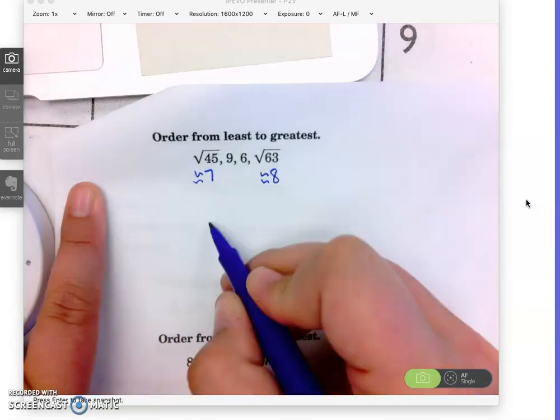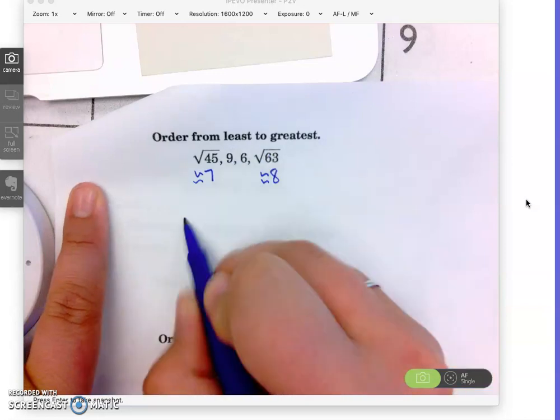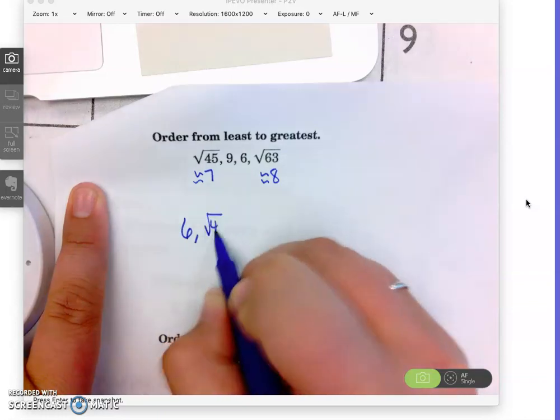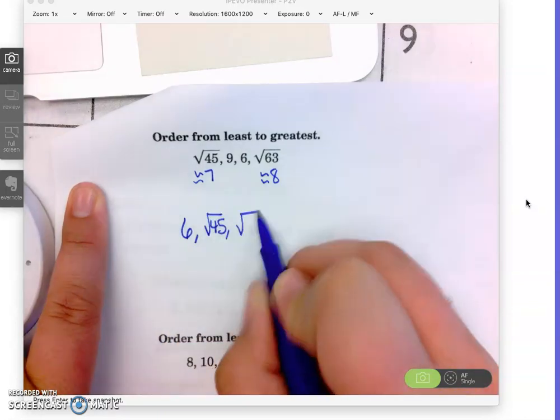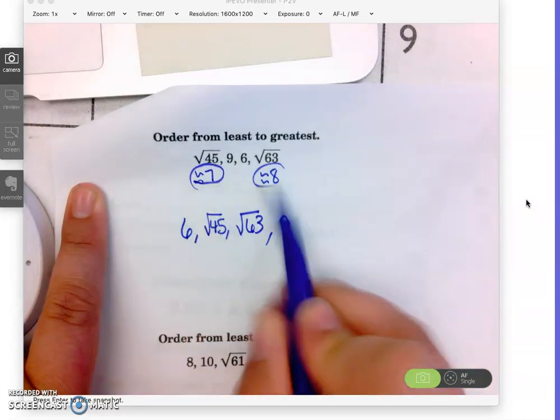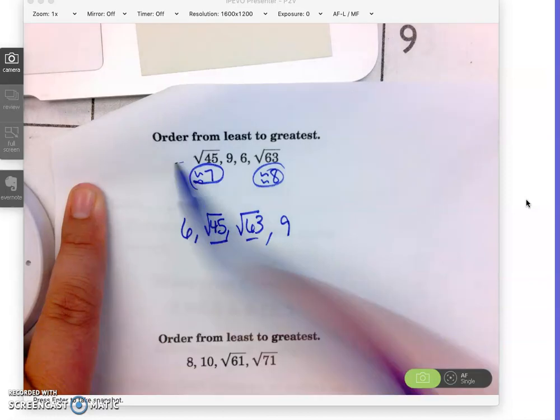And now we would just order them from least to greatest. 6, 7, but I'm not going to write 7, I'm going to write the square root of 45, then 8, square root of 63, and then 9. Do not write these numbers, make sure to write what they have here.